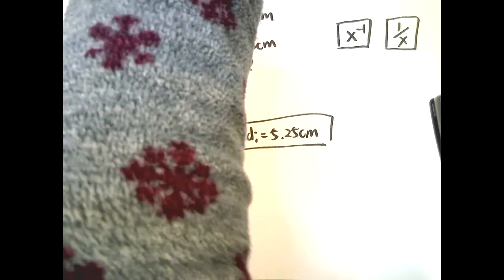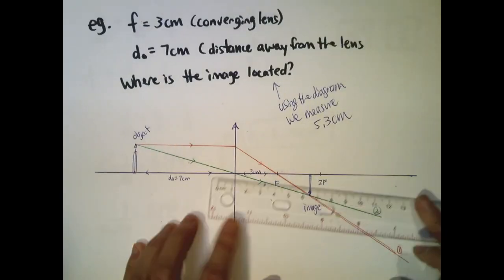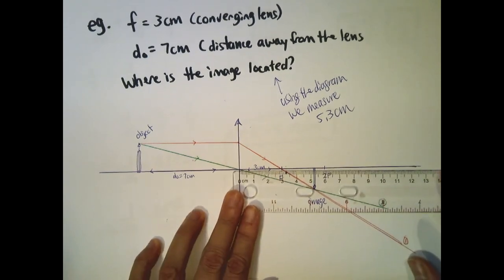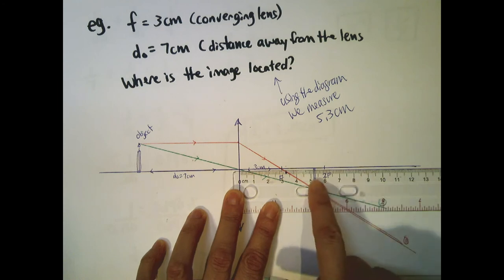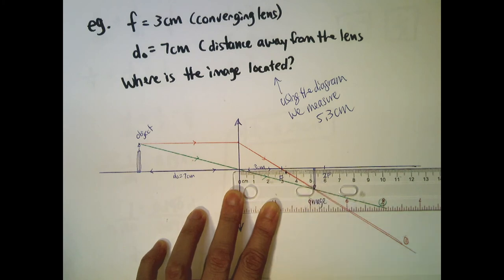Oh, let me grab the piece of paper right here, which is the same as this. And actually, let's measure it properly. Too bad I can't zoom in. But yeah, that looks pretty dead on between 2 and 3. It looks like 5.25, okay, which is pretty cool.